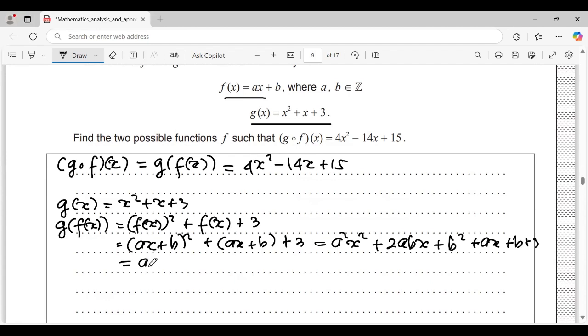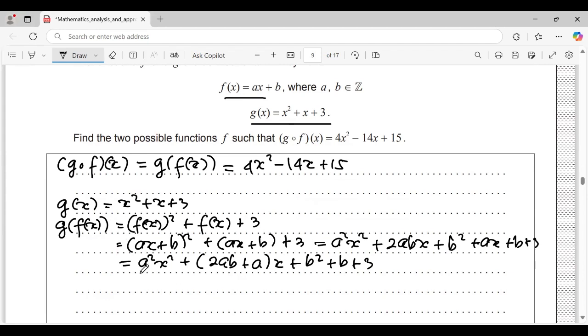So it becomes a squared x squared, factorize 2ab plus a, x, plus b squared plus b plus 3. So this is g of f of x.